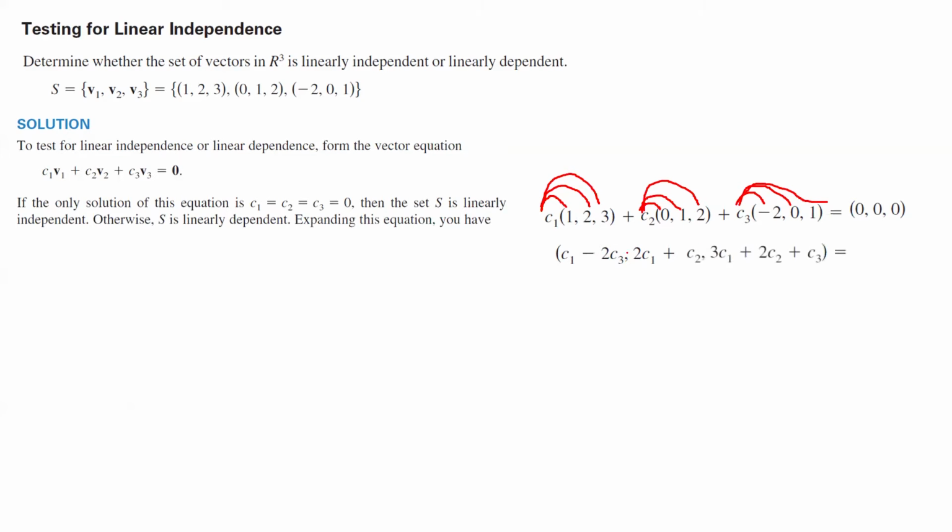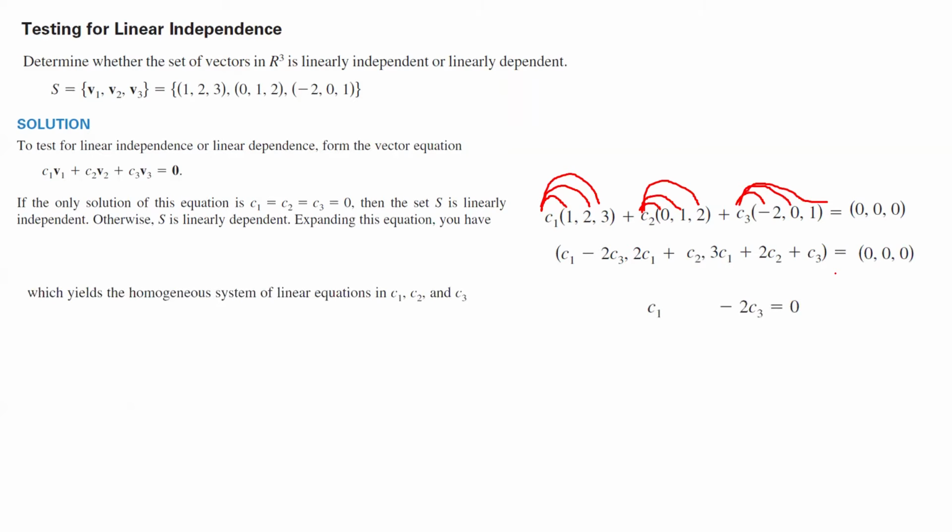You get (C1 minus 2C3, 2C1 plus C2, 3C1 plus 2C2 plus C3) equal to (0, 0, 0). Two vectors are equal to each other if and only if their corresponding components are equal.